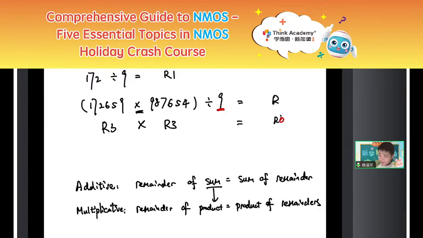Okay, so let me give you a summary: the remainders can be added together, can do subtraction, can do multiplication, but cannot do division.